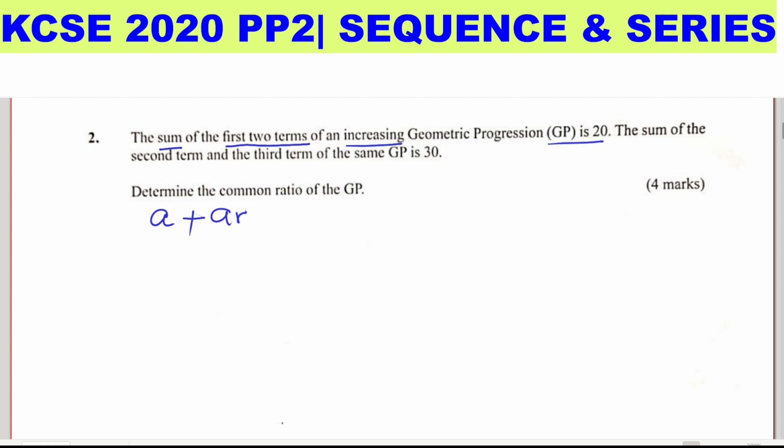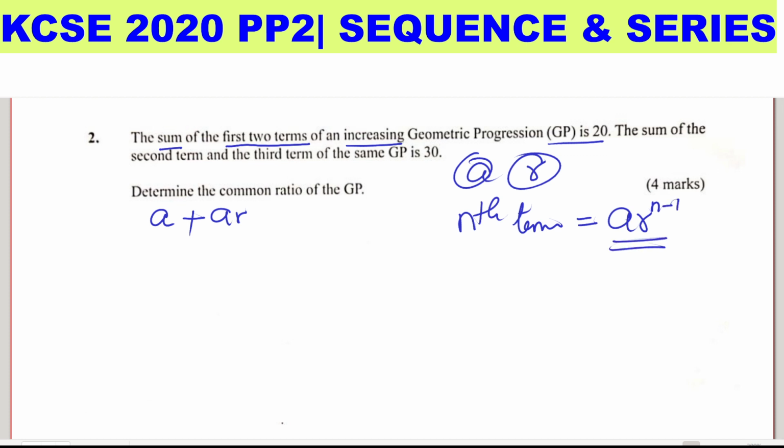is the common ratio. Now remember, in a geometric progression, we use A as the first term, though you can use any other letter, and the common ratio we use as R. If you are writing the nth term of a GP, it will be given by AR raised to the power n minus 1, where n is the position of the term.